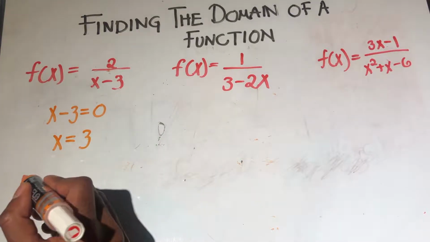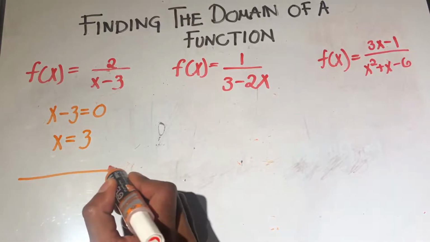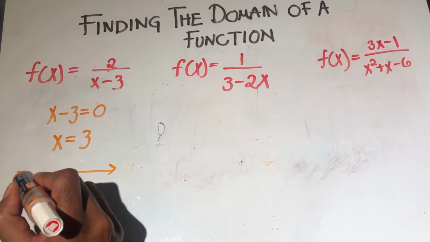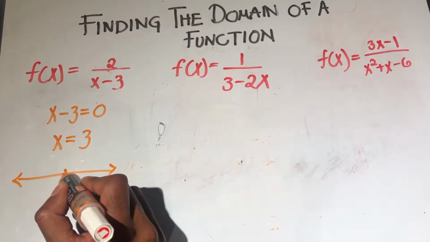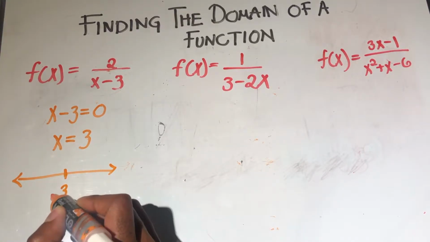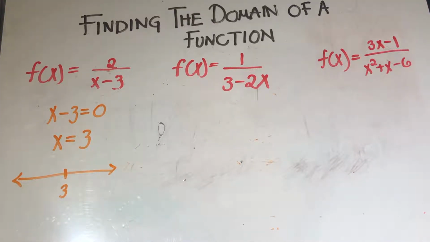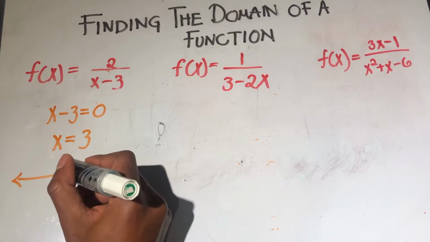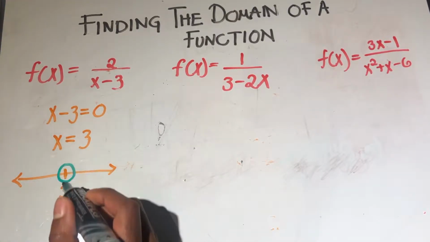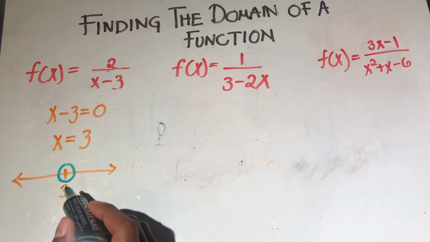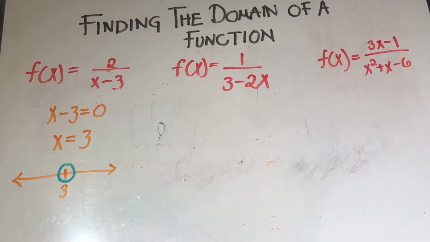To write this on a number line, we just draw a straight line like this. Put the 3. And let's not forget to put an open circle here. The open circle here means that the number in the domain is not included.